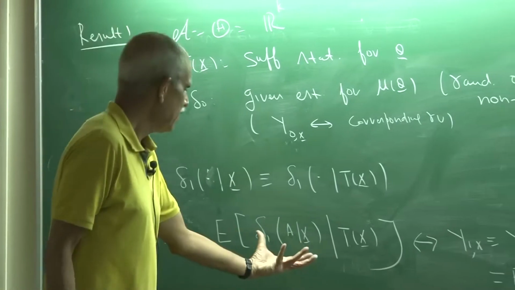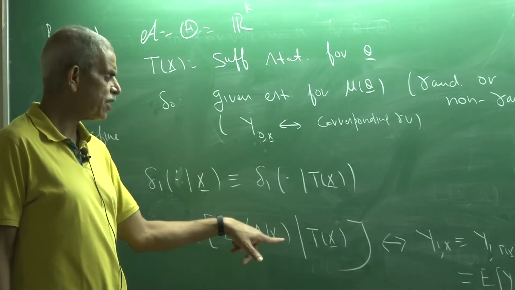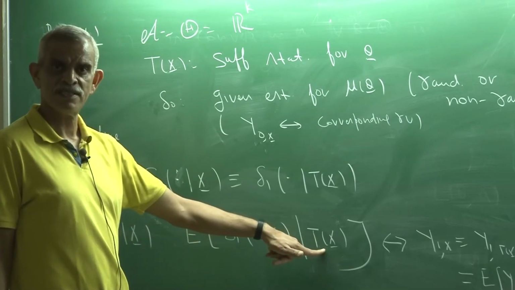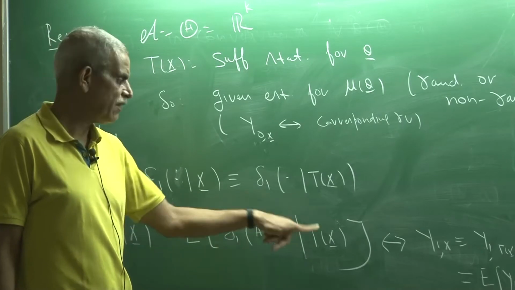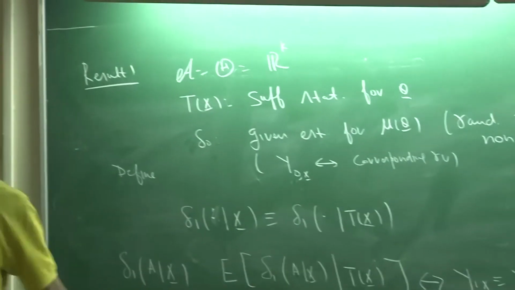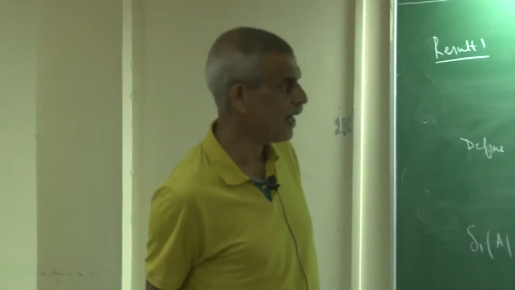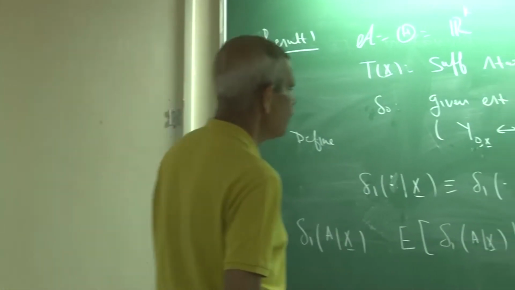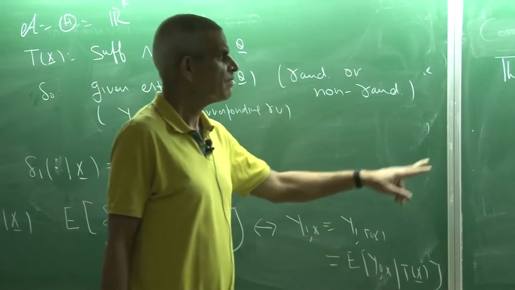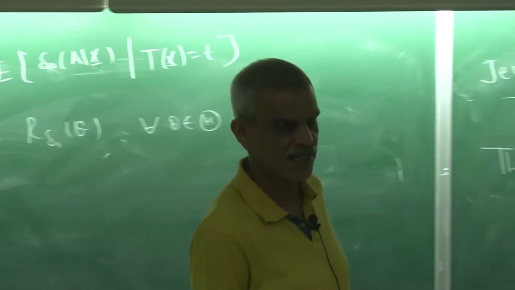So when you are taking expectation with respect to a distribution which does not depend on theta by virtue of T being sufficient, or equivalently distribution of x given Tx being independent of theta, in that sense, delta 1 A given x does not depend on theta, so it is a proper estimator. It only depends on the observation x. And in fact, it depends on the observation x only through the sufficient statistic Tx. And then risk of delta 1 is same as delta naught.